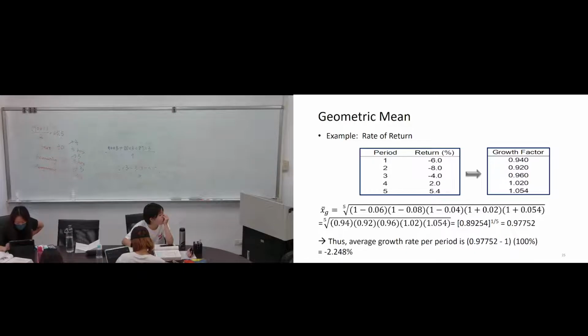Given this rate of return on the asset that I invested in for the previous 5 periods, the average growth rate per year is negative 2.248%.